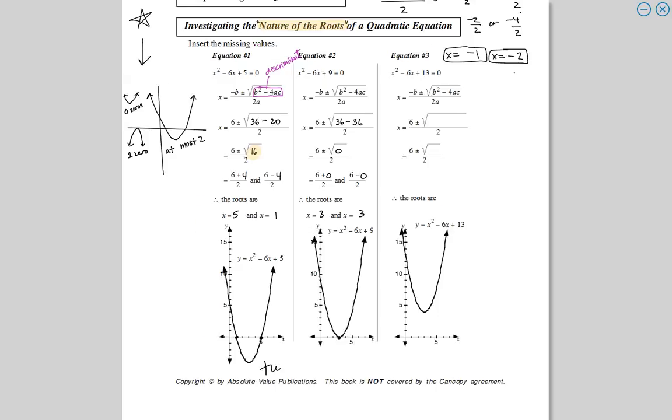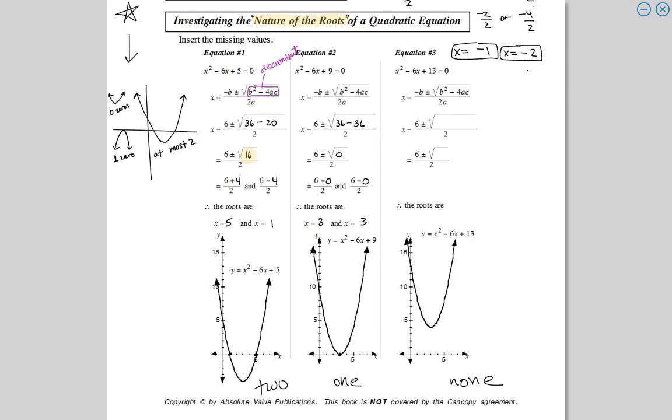So we got 2, 1, and none. We're not even there yet, but you should already know what's going to happen with this. It happened on the quiz. You remember what happened? You had a negative radicand, right? So b squared 36 minus 4 times 1 times 13.